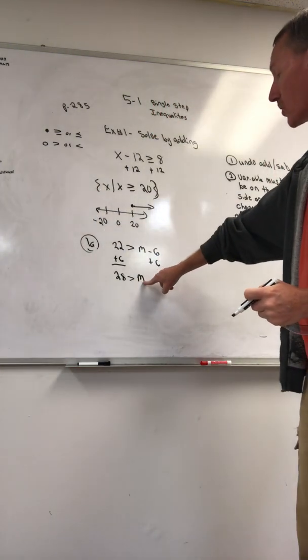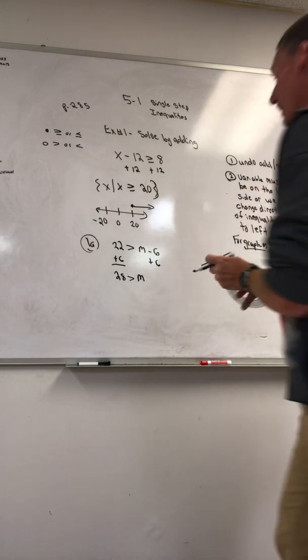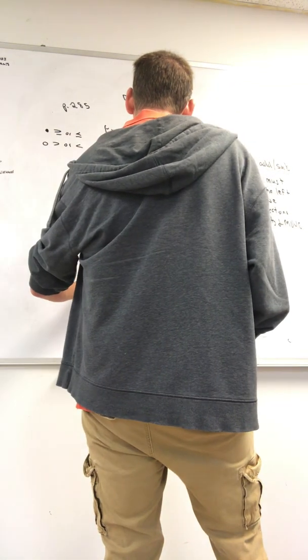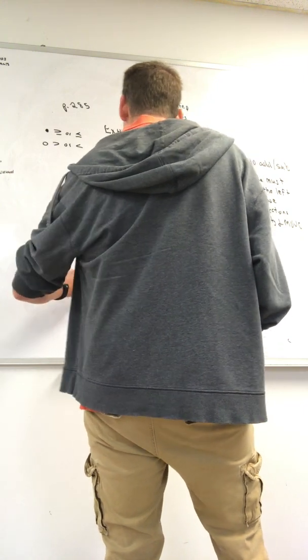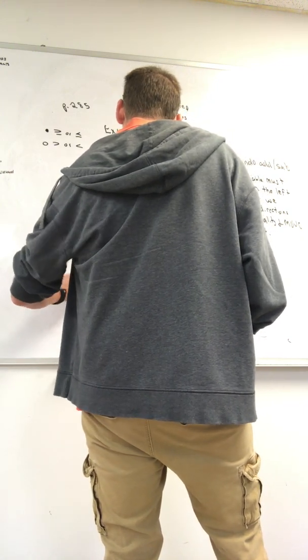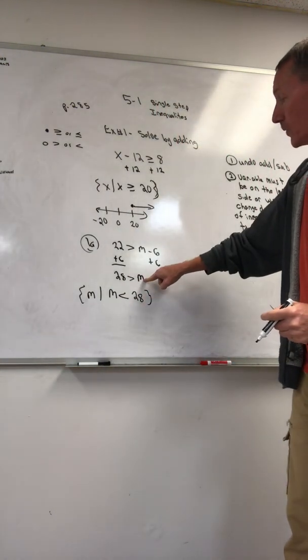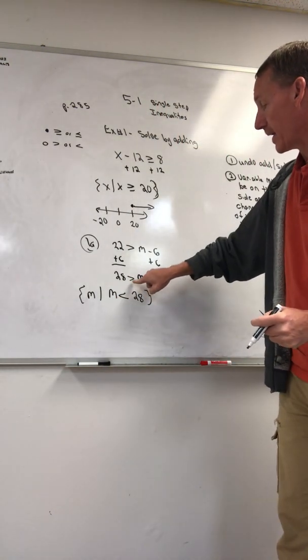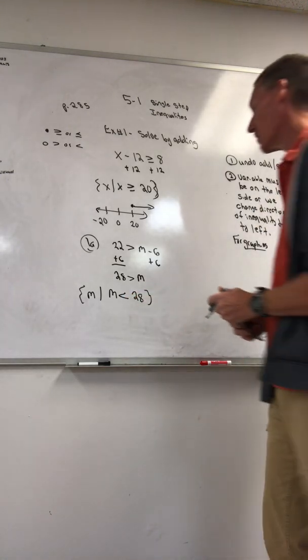But since the variable is on the right side, step 2 says the variable must be on the left. So I'm going to change this to n is less than 28, and put this in set notation. Notice I moved the variable to the left side and changed the direction of the inequality.